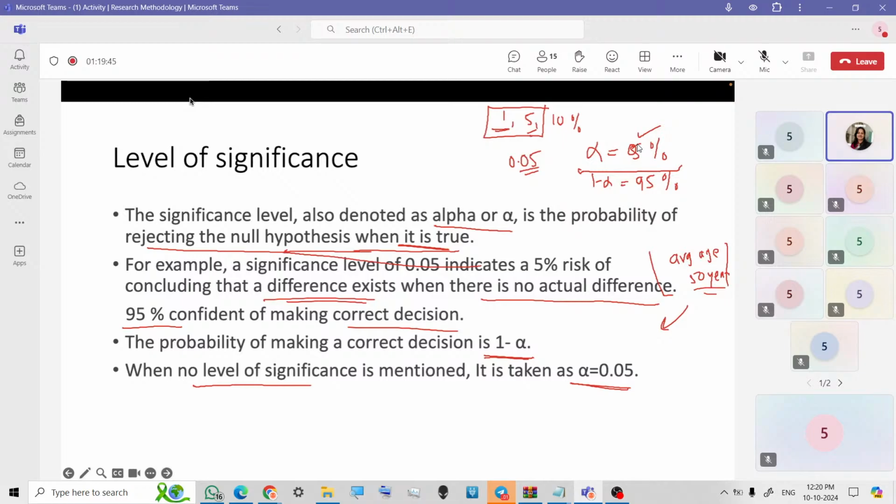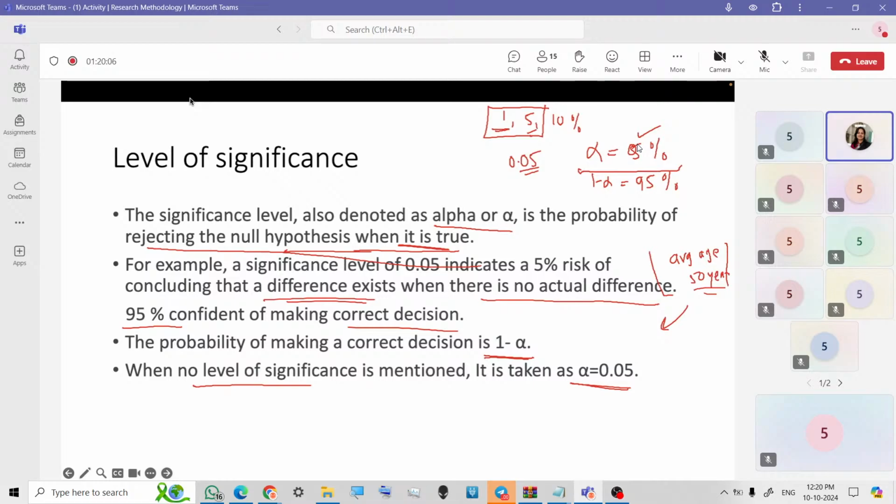So for example, a significance level of 0.05 indicates a 5% risk of concluding that a difference exists when there is no actual difference. So we are just making that particular margin or label: okay, 0.05 is my acceptance level.